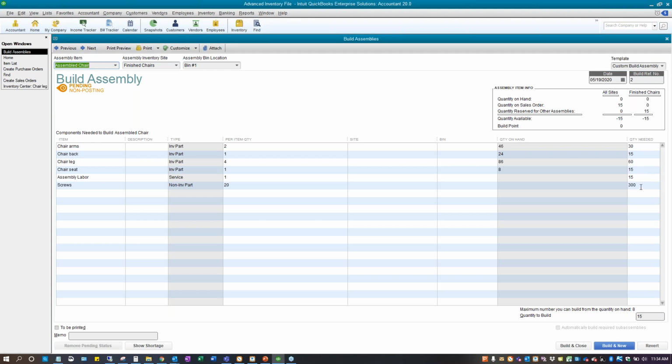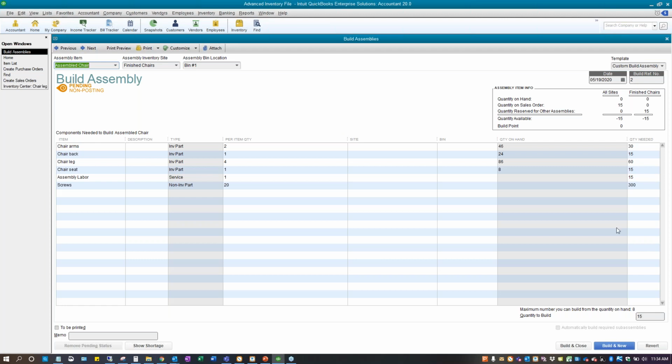Labor, not a problem. And screws are not an inventory part, so it's not going to hold up this build. So what can happen is I can build this. I could sell these chairs. The problem is I've not really built them in QuickBooks because I didn't have enough.